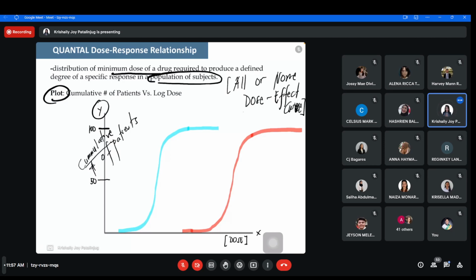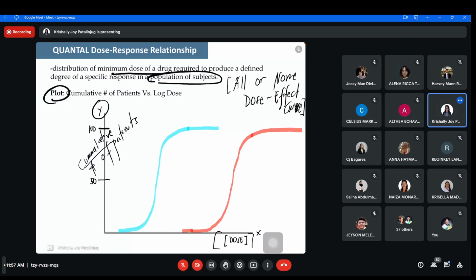So percentage of the patients, percentage of the individuals sa population showing an effect yung nasa y-axis. Okay? And then on the x-axis, ganun din, dose pa rin ng gamot. Okay? So yan yung nasa y-axis and then on the x-axis.